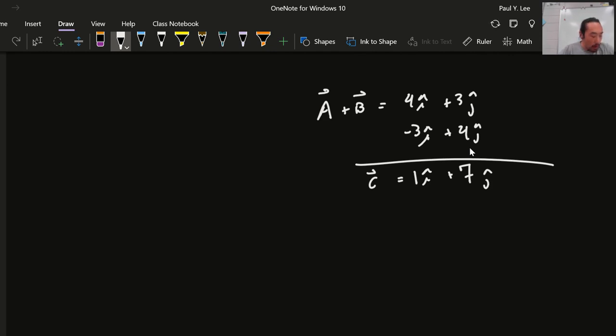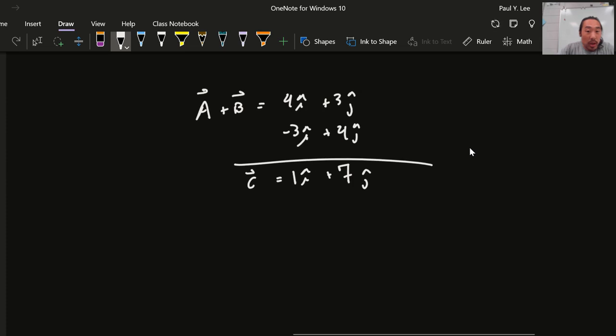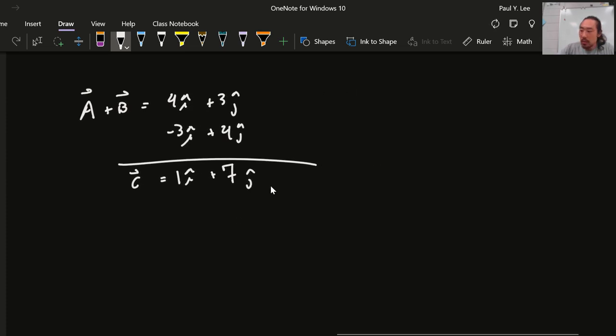And the only thing left for you to do is to figure out the direction of angle C, and so that's good practice.